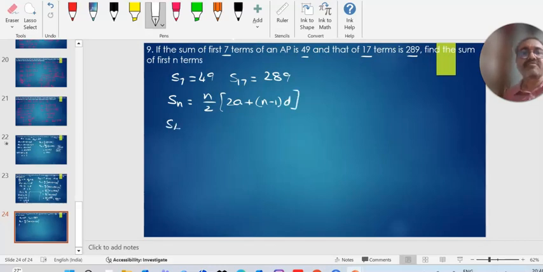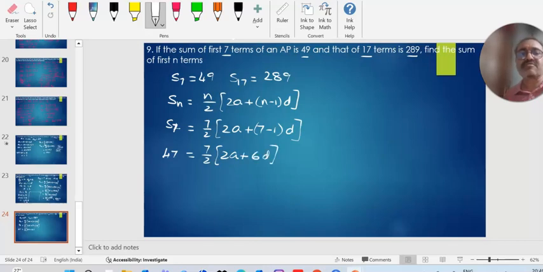Now S7 is equal to 7 by 2 into 2a plus 7 minus 1 into d. So what is S7? 49 is equal to 7 by 2 into 2a plus 7 minus 1 is 6d.